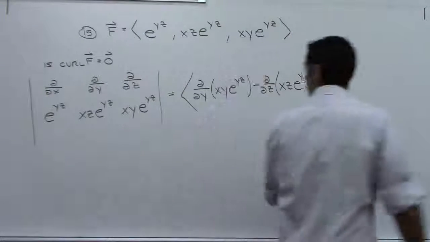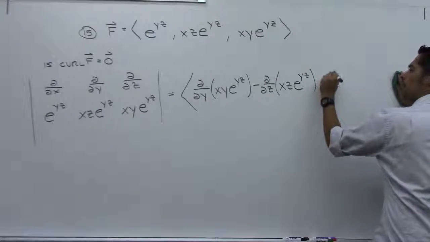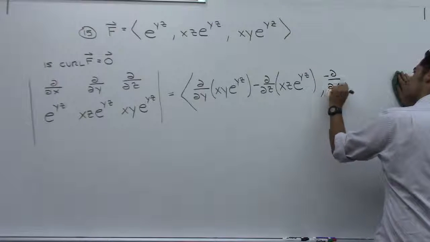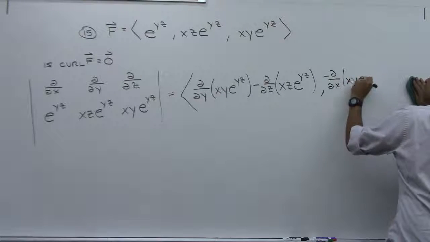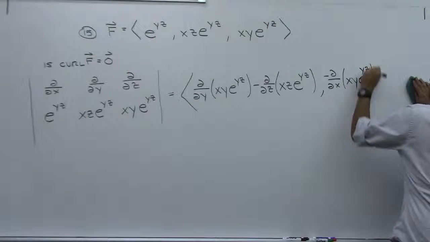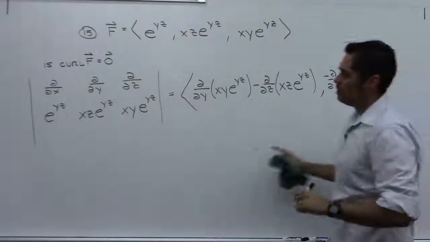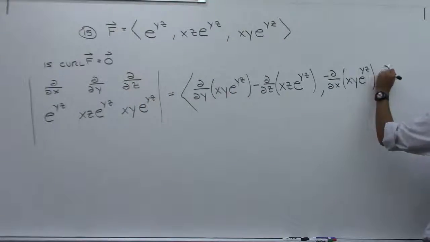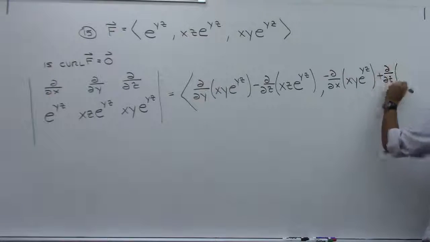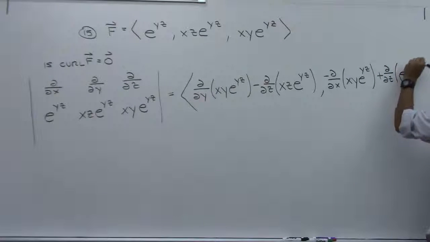So it'll become minus the partial with respect to x of xy e to the yz, and then it'll become plus this guy right here, partial with respect to z of e to the yz.